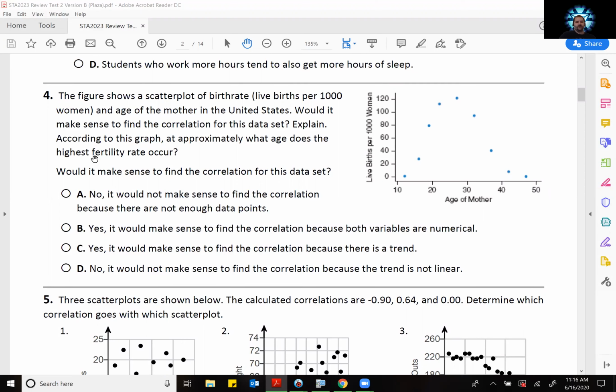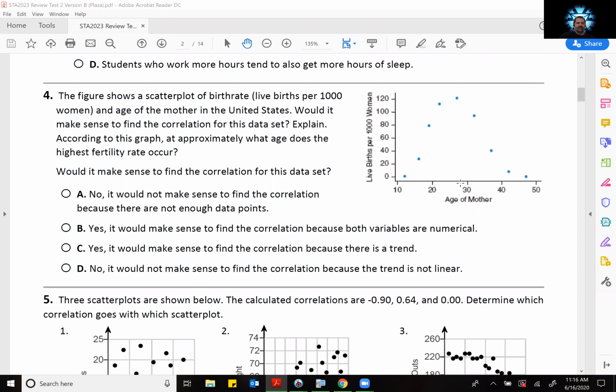Now, keep in mind what we said right here. We're going to go ahead and answer this second question here, even though it's probably supposed to be up here. I think it just got omitted by accident. So according to this graph, at approximately what age does the highest fertility rate occur? 28. Yeah, probably somewhere around 28, right?